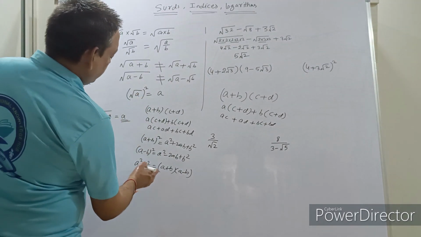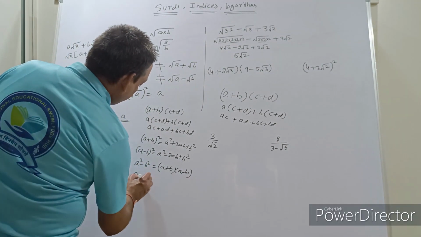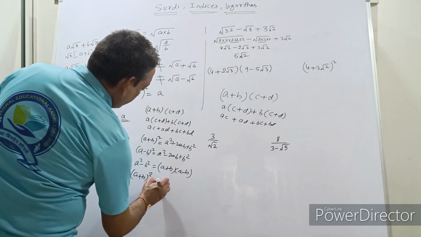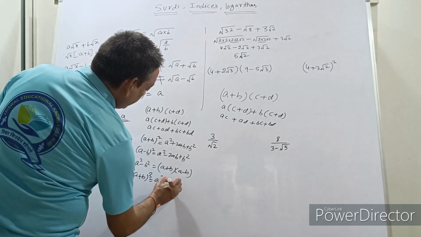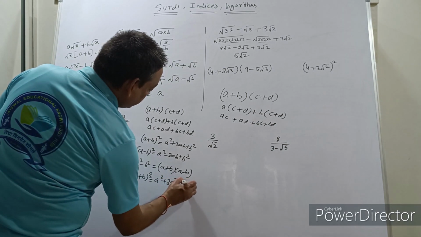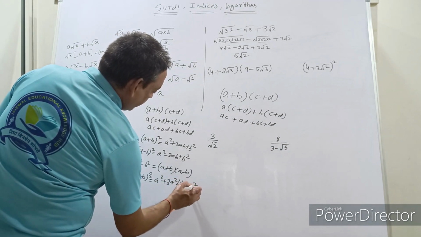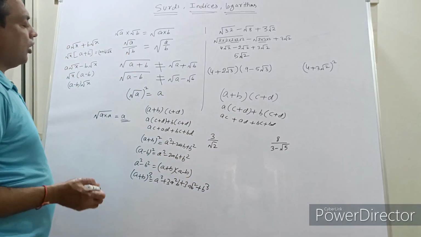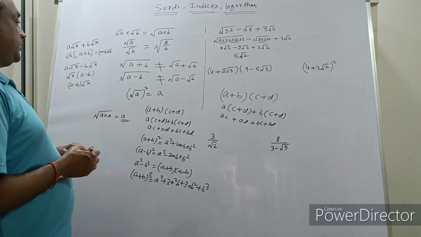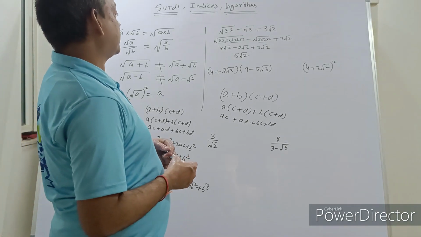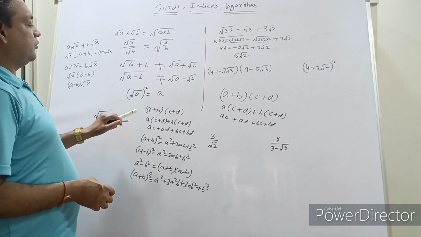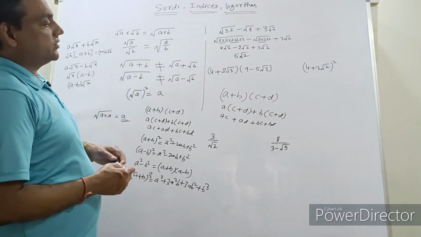After that you can get the sum a plus b the whole cube also, which is nothing but a cube plus 3a square b plus 3ab square plus b cube. All these formulas we already did in the algebraic expression and factorization chapter, so we have to use the same formulas in this also.